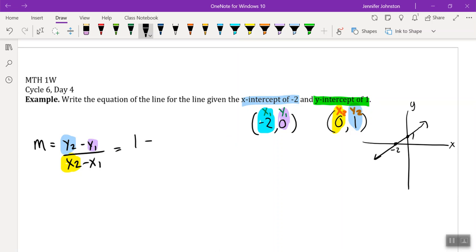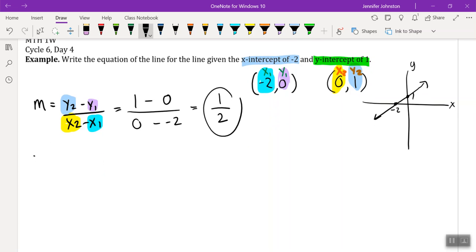Change in the y's, so 1 minus 0 over 0 minus negative 2. And here we get 1 over, a double negative gives us a positive, so 1 over 2. That's our slope. Then we have our other equation, y minus y1 is equal to m times x minus x1.